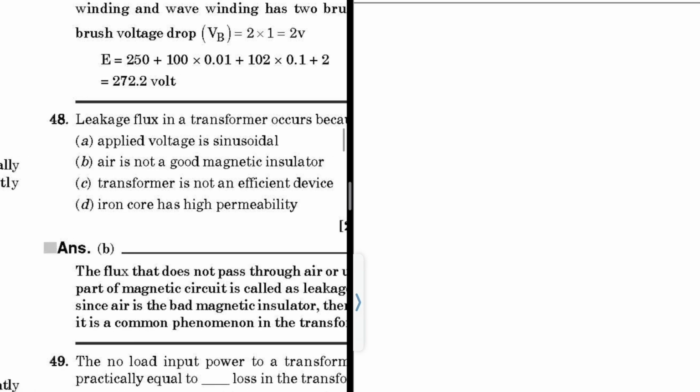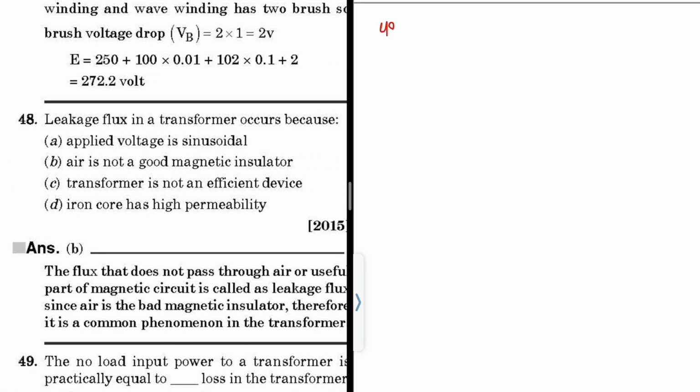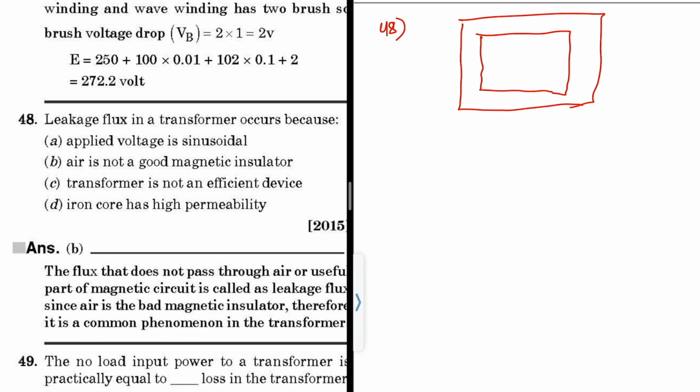Coming to question number 48: the leakage flux in a transformer. Generally, in a transformer, if you supply the primary winding with voltage V, the flux will develop. This flux links with the secondary winding, and the EMF is induced there.